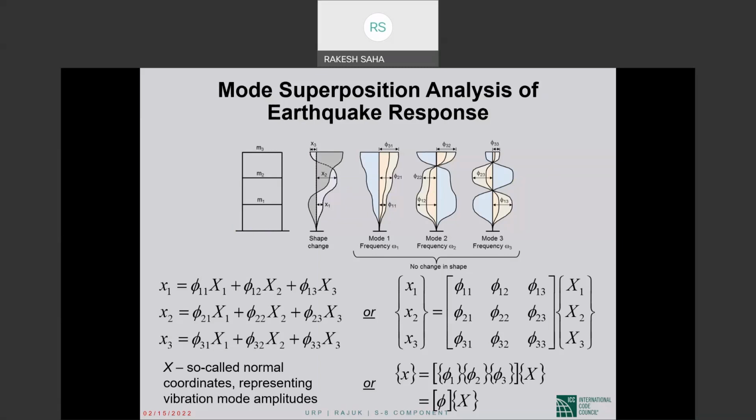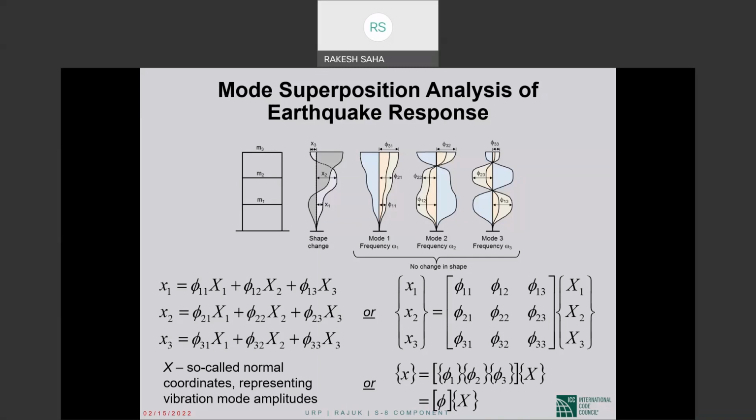The building will keep on vibrating without changing its shape. Okay, if we were to carefully deform this model into that shape and then let go, it will go on vibrating without any change of shape.